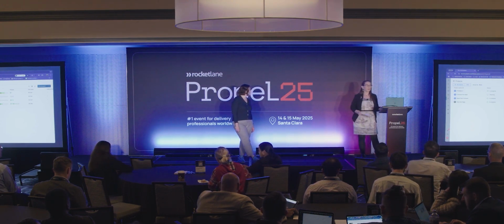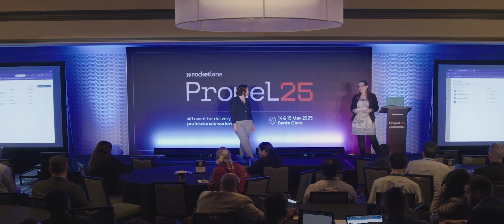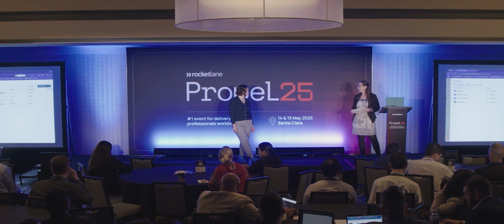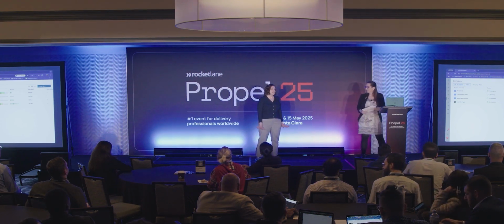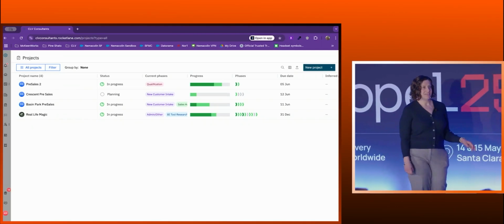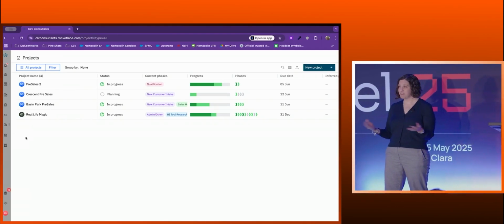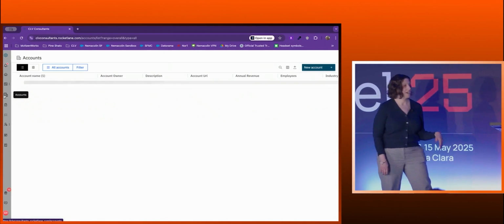We don't have a lot of systems now that it's just the two of us. So furthermore, we're using Rocketlane to replace some of our other software. I'll let Jen start and talk about how we're using it as a CRM. So we are using Rocketlane as a CRM because we can, why not, right?